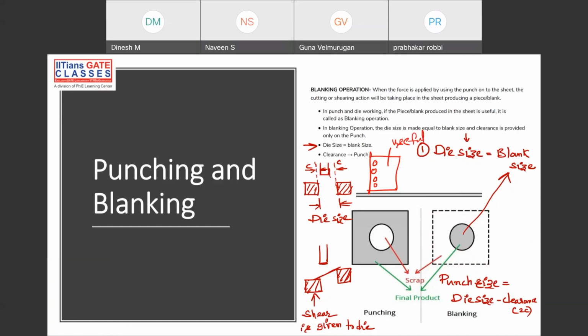The punched residue is collected into the cage under the punch machine, so that you can discard it and throw it into the trash. So this is punching. Any example for blanking? If you can think of anything. Any example for blanking?